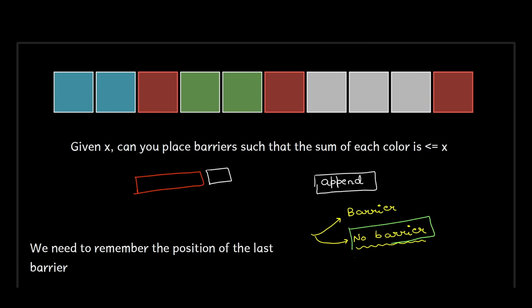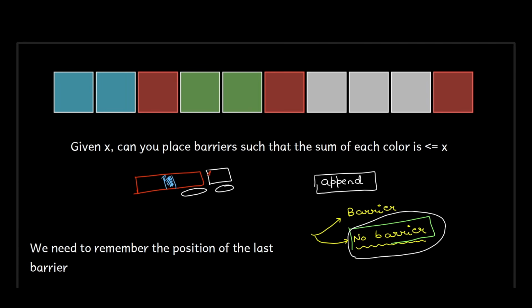But we saw that you can only place it as not a barrier if the color is not exceeding. You find the position of the last barrier, and then you merge this segment and this segment, and you see that their sum does not exceed x. But if it does exceed x, it means that you have to now place it as a barrier.